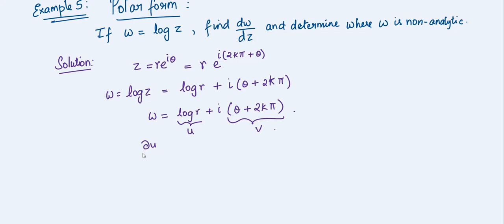Now dou u by dou r is 1 upon r. Dou u by dou theta is 0. Now dou v by dou r is 0 and dou v by dou theta is 1.